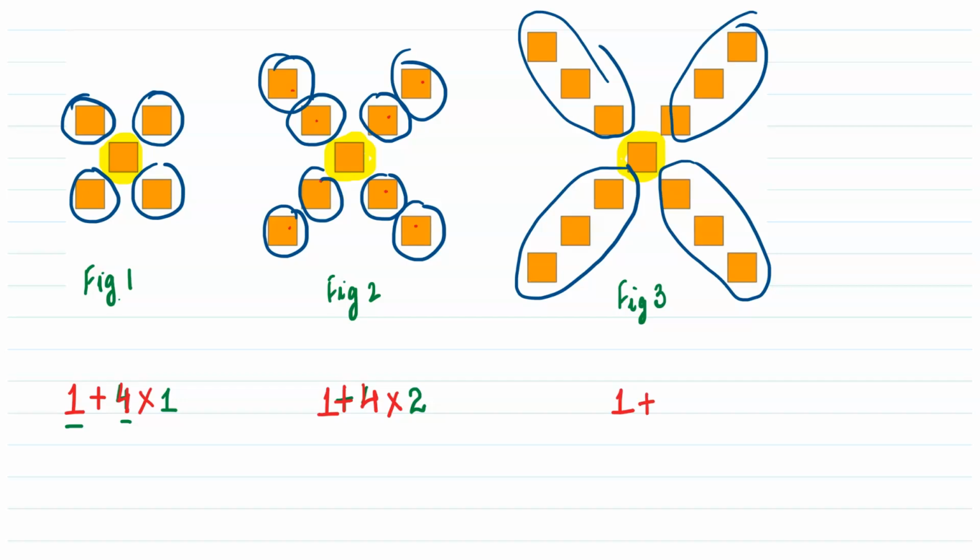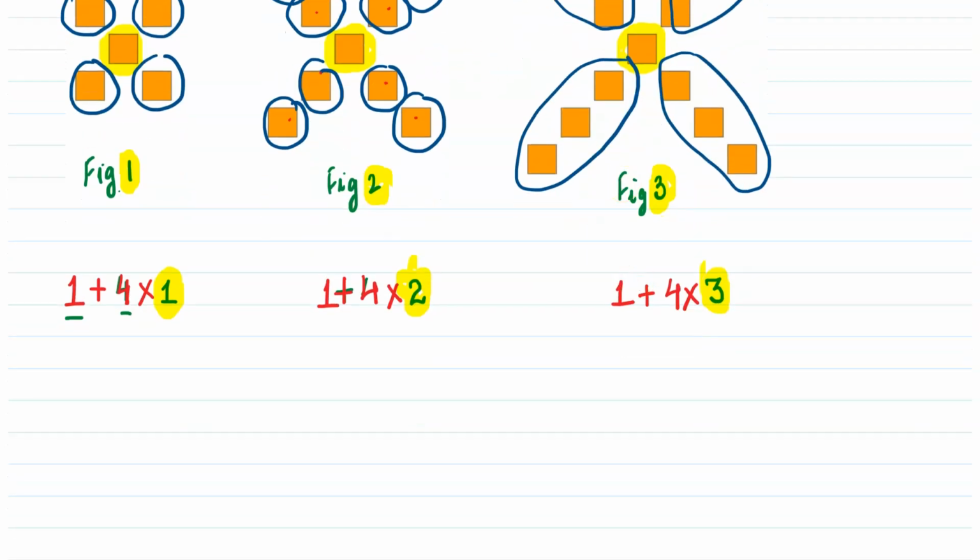Next we have 1 plus 4 times, and there are 3 tiles. So we will write 4 times 3. Now notice that the figure number and the number of tiles on each corner is the same. So this is how we are going to develop a formula.